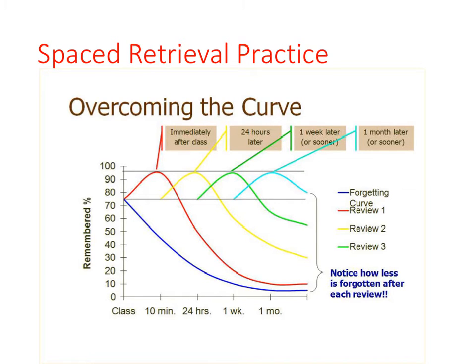And cognitive psychologists show that the best way of going back over material is to go back over material just at the point that you're beginning to forget it, and to go back over material not by rereading or highlighting your notes, but engaging in retrieval practice, which is just fancy jargon for testing yourself.